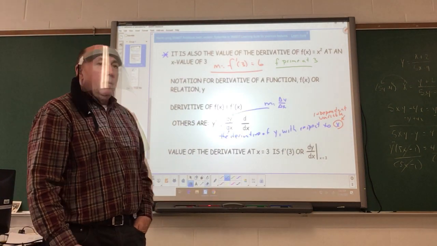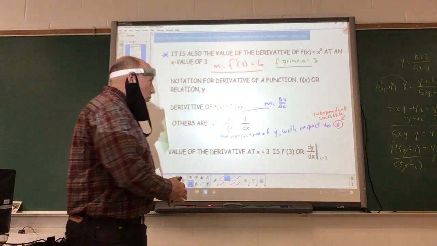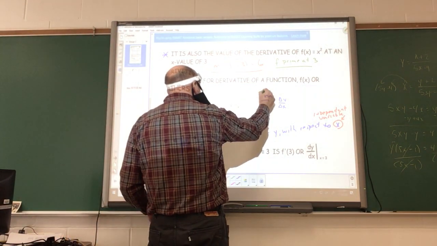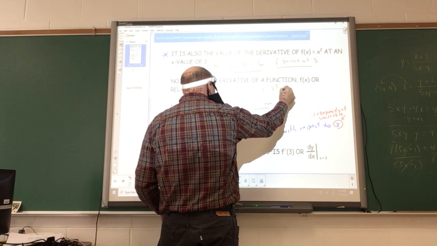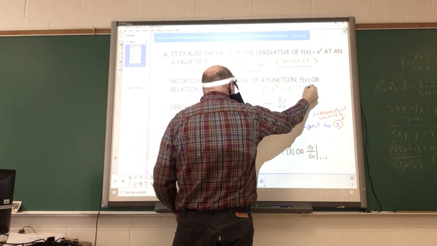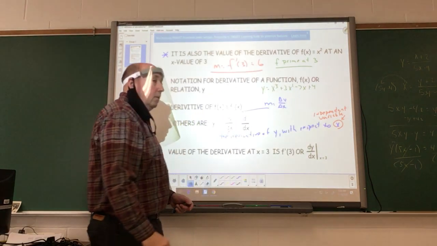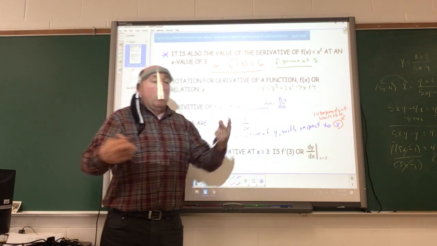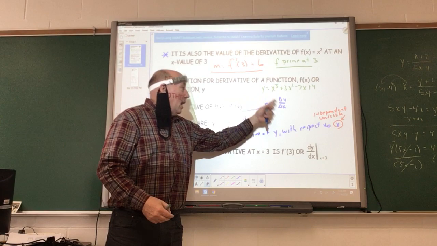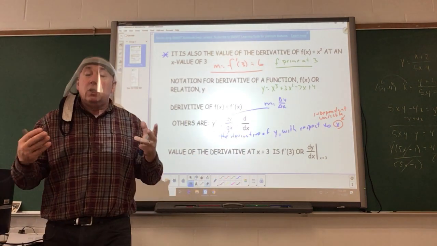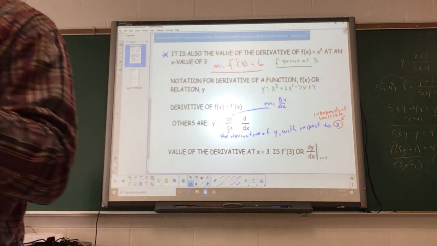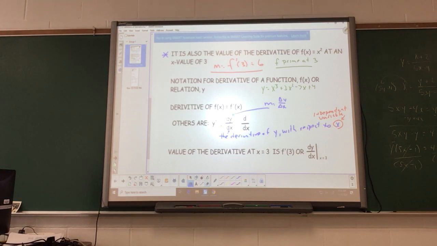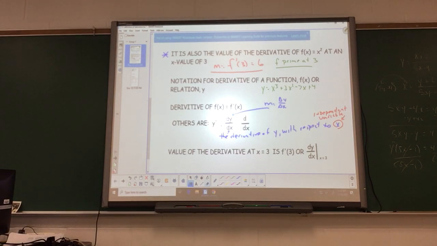If y equals x cubed plus 3x squared minus 7x plus 4, x is my variable that's in here that we're going to apply our rules to. The y on top tells us what equation we're dealing with. We're dealing with the equation y equals. And the variables that are in the equation y equals are all the x variables.